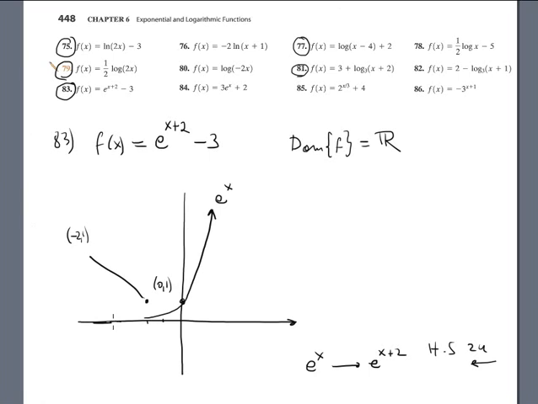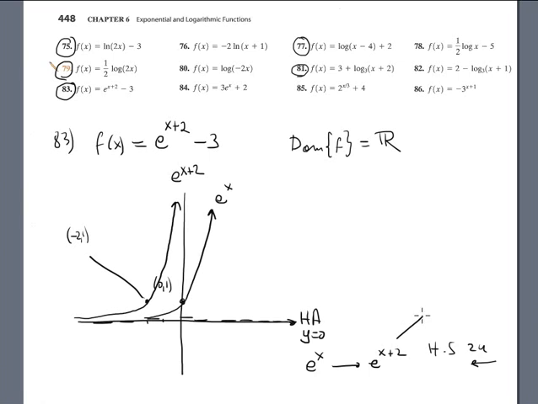And the horizontal asymptote stays the same, y equals 0, doesn't change. And this is the new curve, e to the x plus 2.